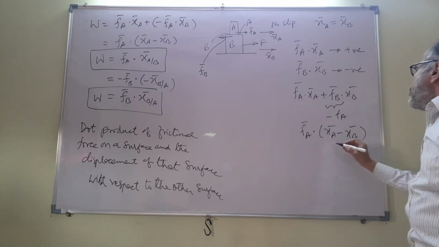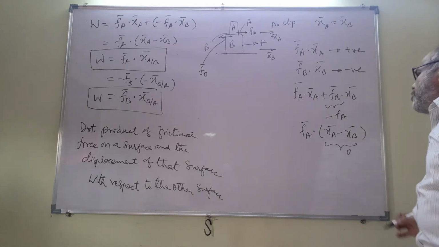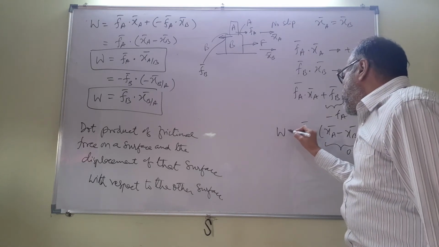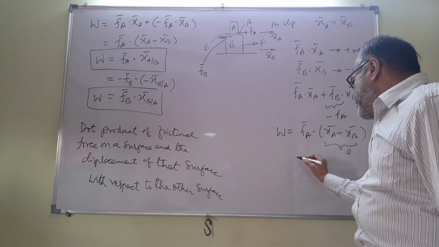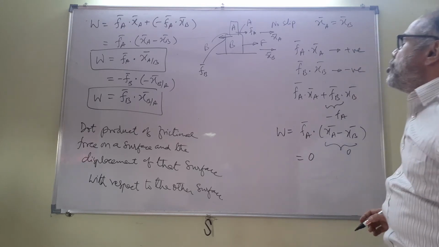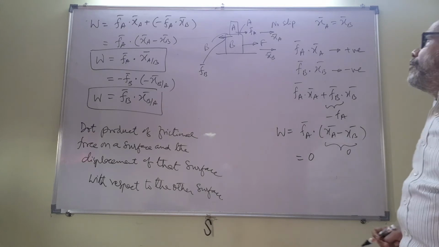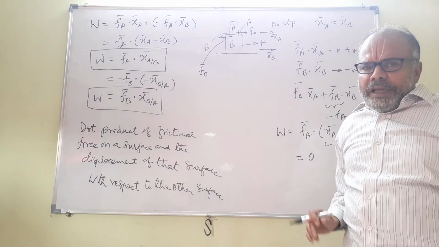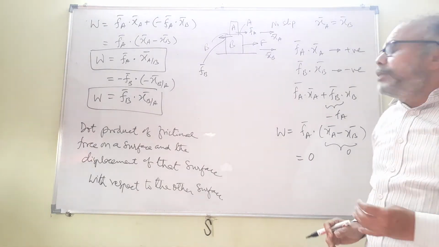XA equals XB. So this quantity is 0. Therefore, the total work done by friction is 0. Because the total work done by friction is 0, there is no heat loss in this case.